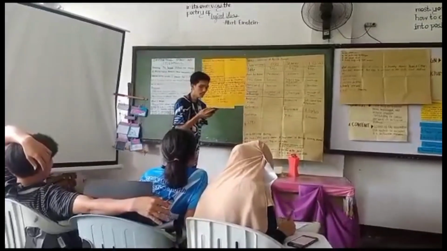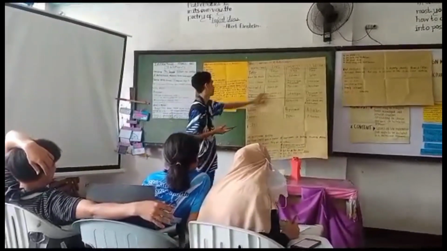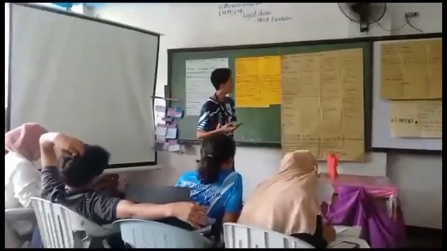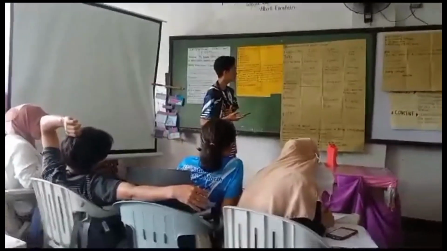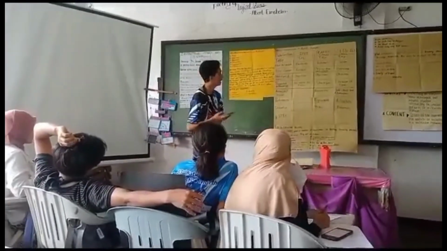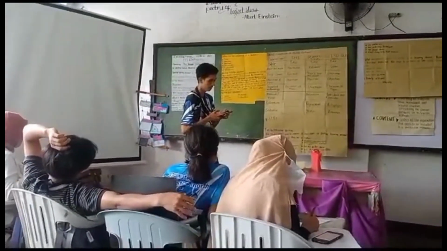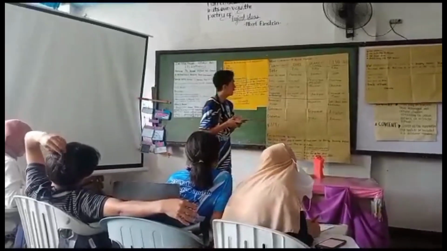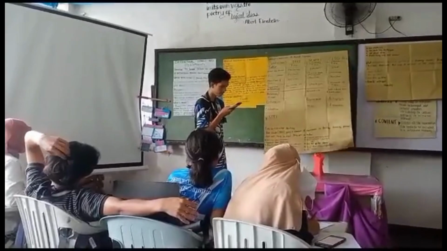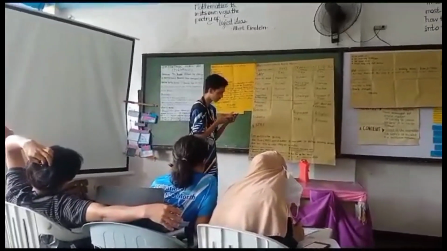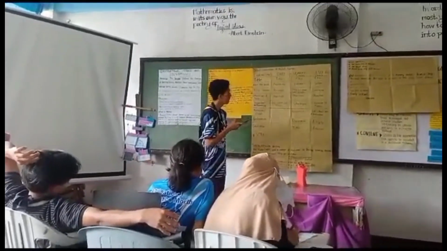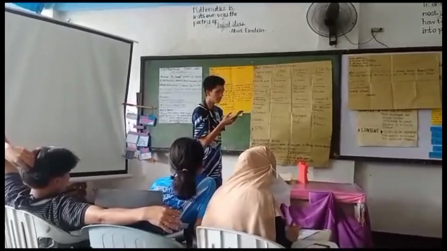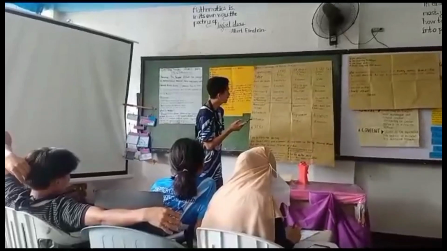Another type of format is the IRRI, the International Rice Research Institute. According to its format, first is the title, prospectus, rationale, objectives, and instructional content. The next format is the PCARRD format, the Philippine Council for Agriculture, Aquatic and Natural Resources Research and Development.